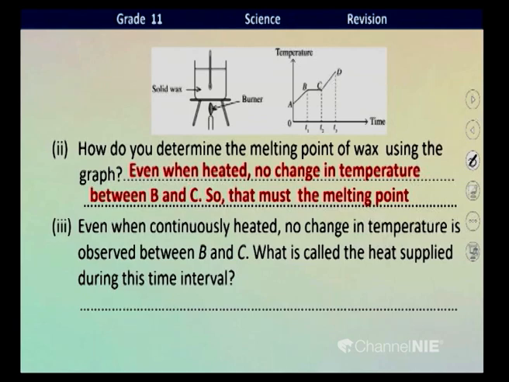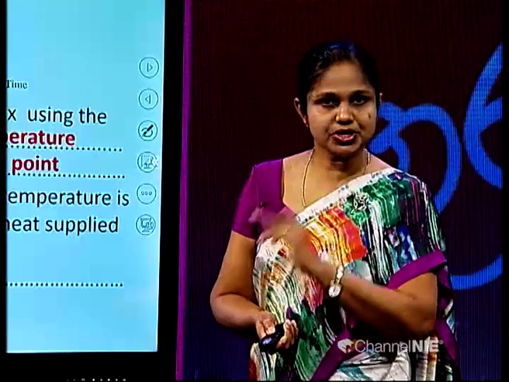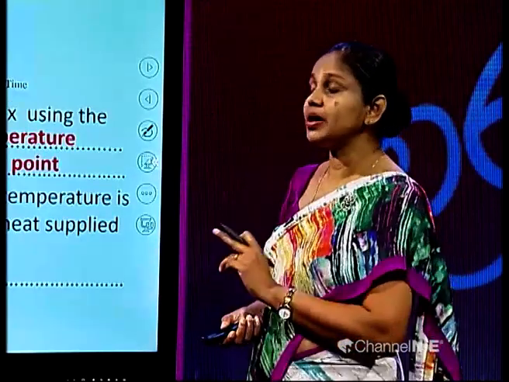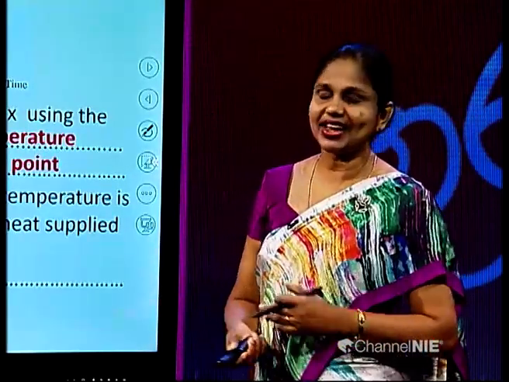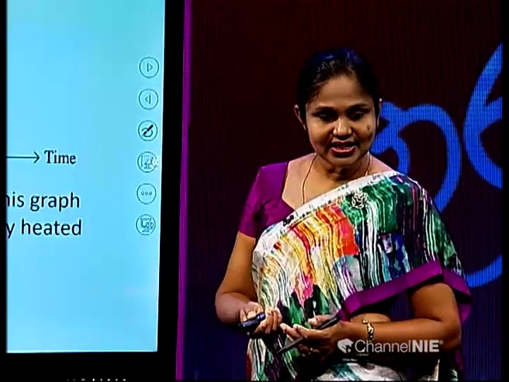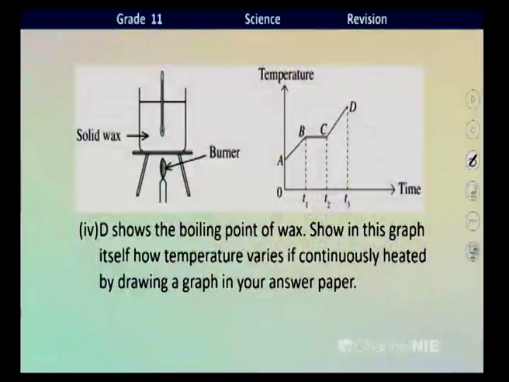It is really latent heat of fusion. Latent heat of fusion. Right. Then move to the next part of the same question. D shows the boiling point of wax. Show in this graph itself how temperature varies after that.